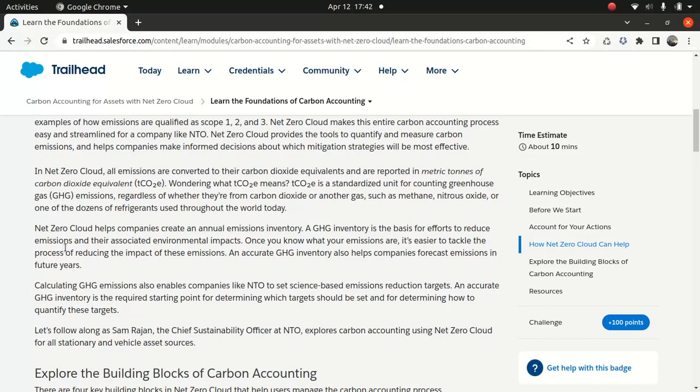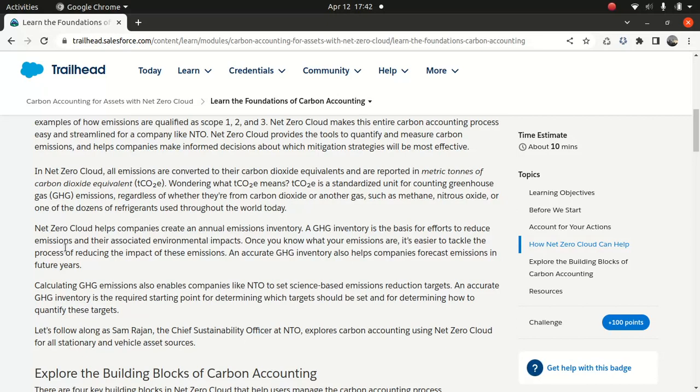So the main intention is to reduce the carbon footprint, right? Now, how to do that? To do that, you have to measure, right? So without measuring, you can't really set a target to offset the carbon emission, right? Because if you are not aware what your current level is, then how are you going to work towards achieving zero, right?